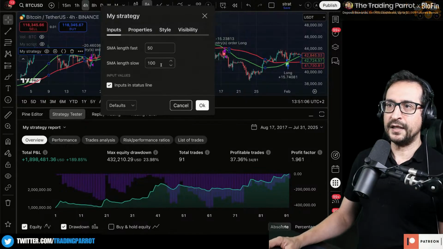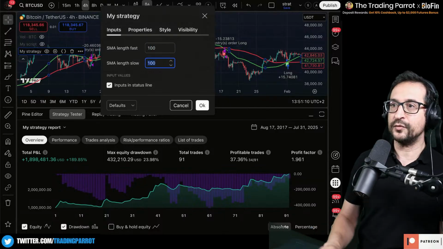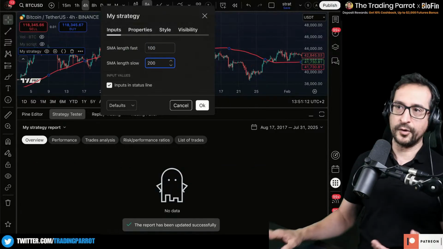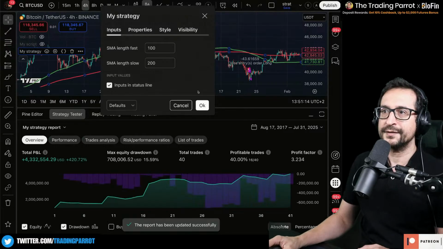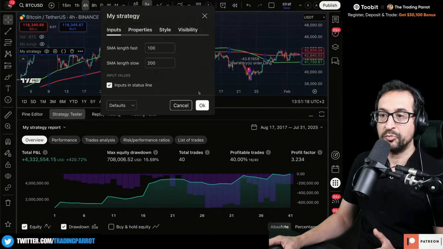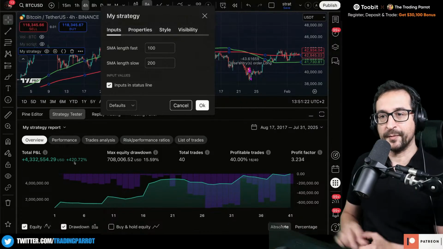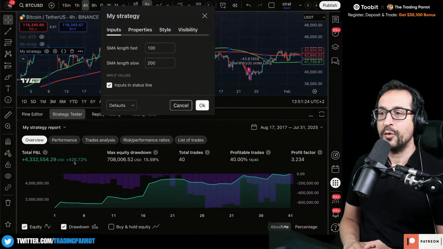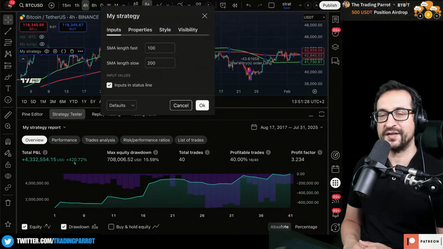So in the strategy, we already reduced that. Now let's see if we change numbers. So let's say if we bump this to a more conservative one, we're going to go 100 to 100, because that's going to give less trades and possibly less drawdown. So we got better performance for 120, way less trades, just 40 trades, and 15% drawdown.